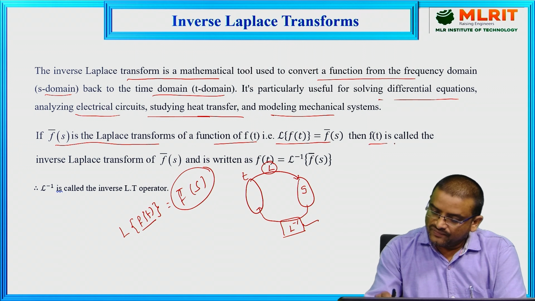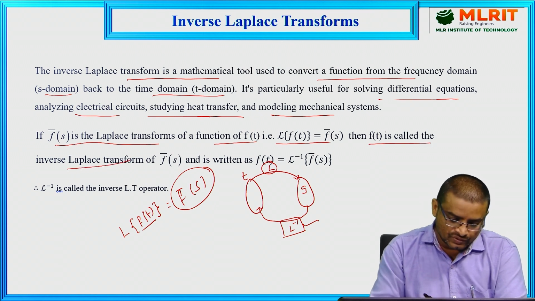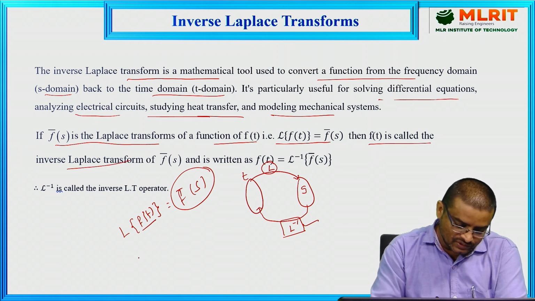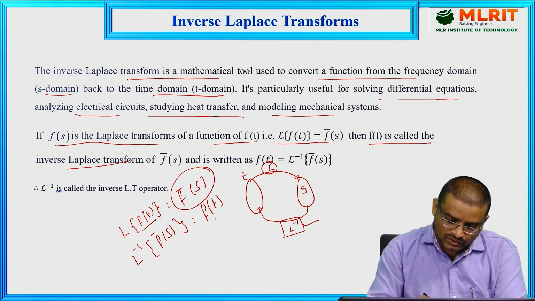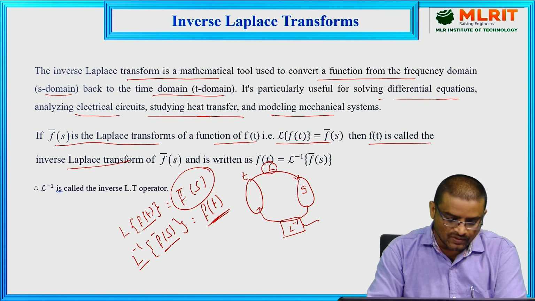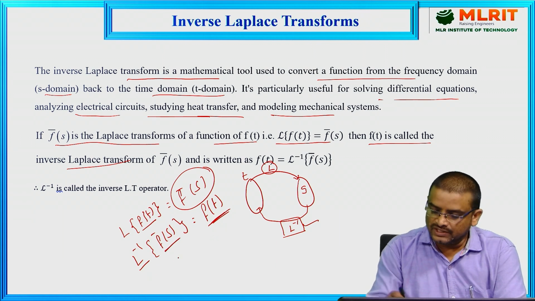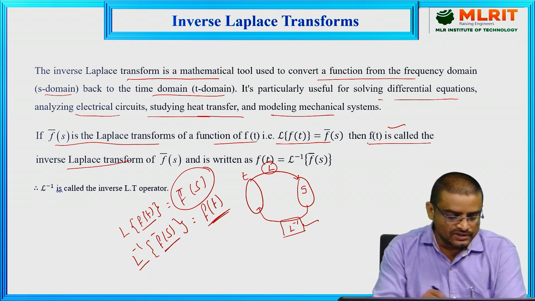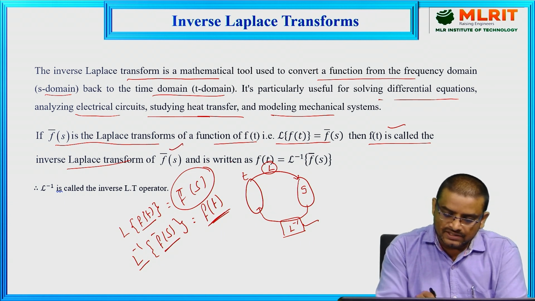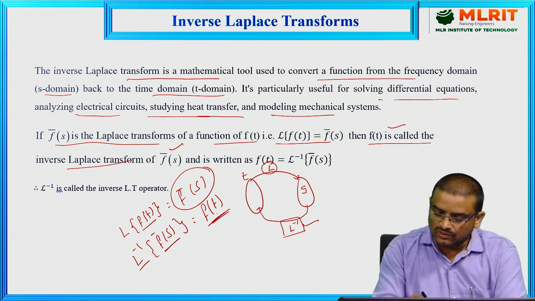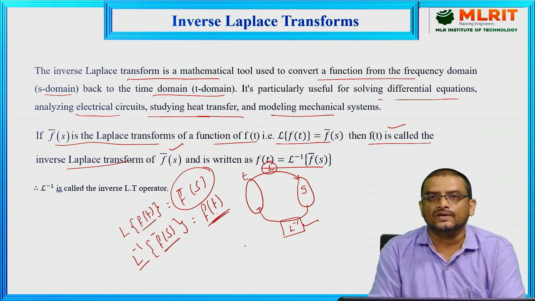Now if you send this L to the other side, it becomes L inverse of f bar of s is equal to f of t. Here this f of t is called the inverse Laplace transform of f bar of s, and this is written as f of t is equal to L inverse of f bar of s.